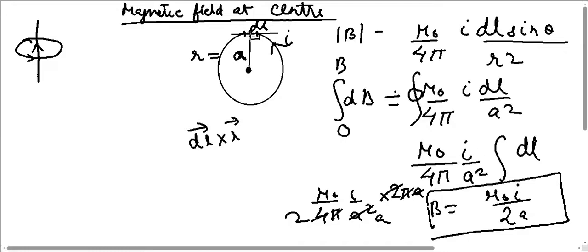So the only possible way in which it can be perpendicular to both the dl vector and the r vector is that the magnetic field will either come out of the plane of paper or go into the plane of paper. So it is like this. From a perspective view, suppose this is the dl direction and this is the radius direction.